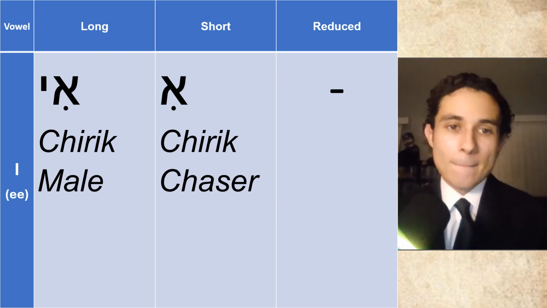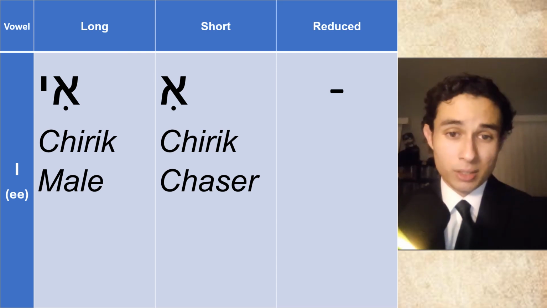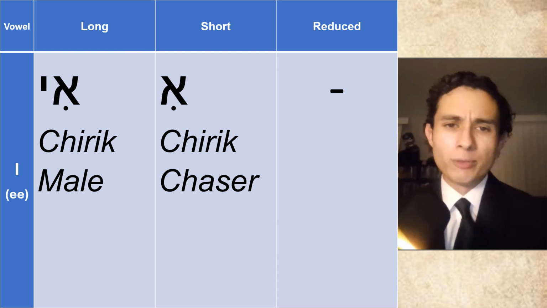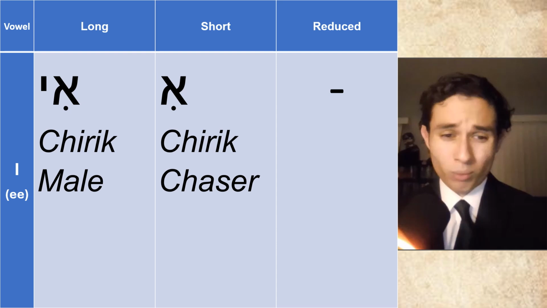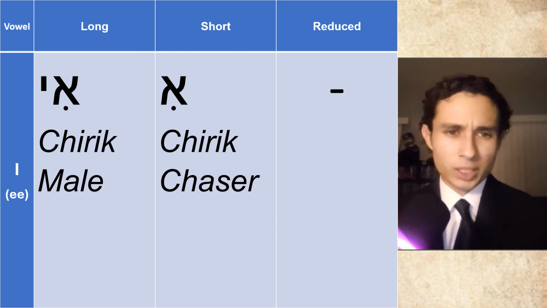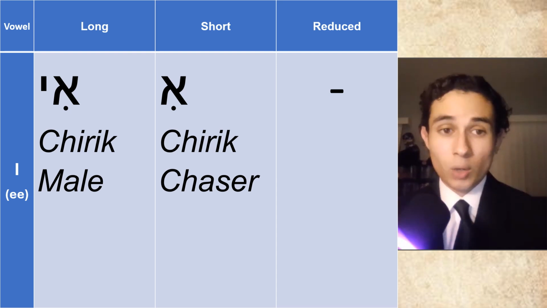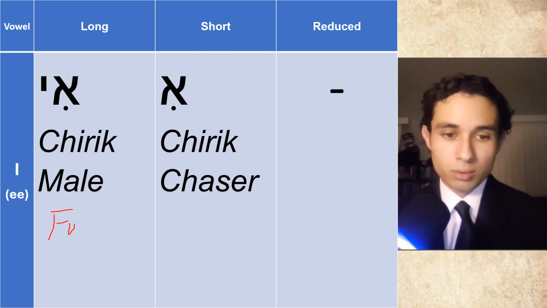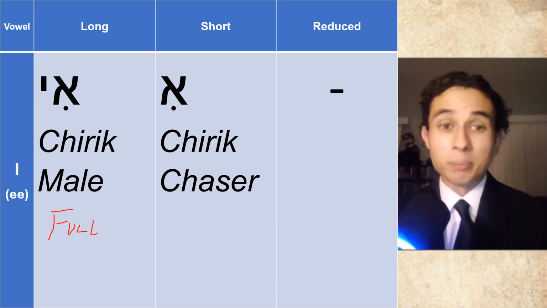So you'll also notice that both vowels here, and there's only two by the way, share the same name, but one is called male and the other one is chaser. So what's the difference between chirik male and chirik chaser? Well, male means full or complete.